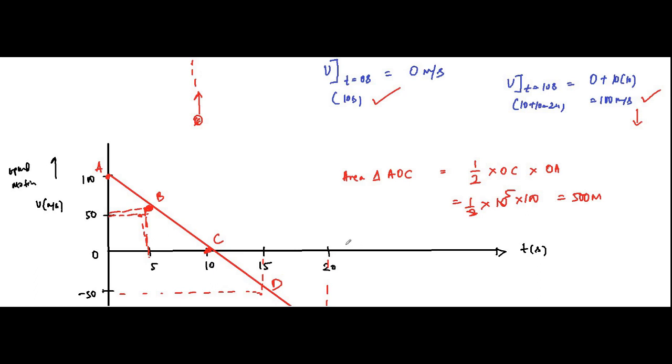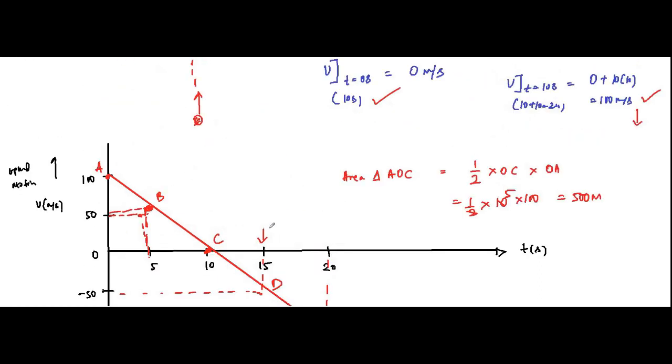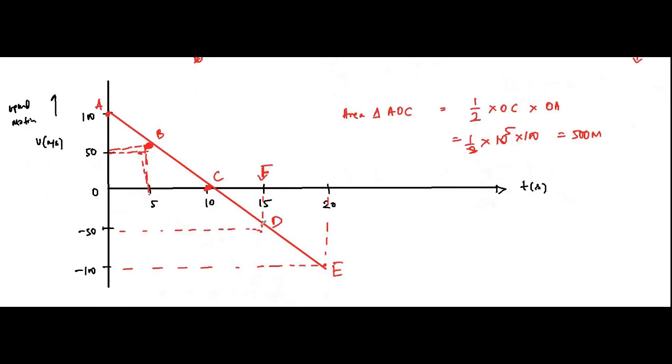Then it has been asked to find the position or height of the ball at 15 seconds. So let's call this point F. This will be the height of the ball at 15 seconds.